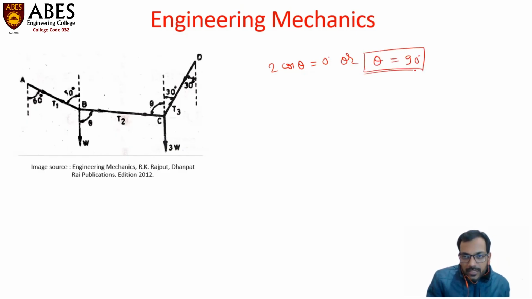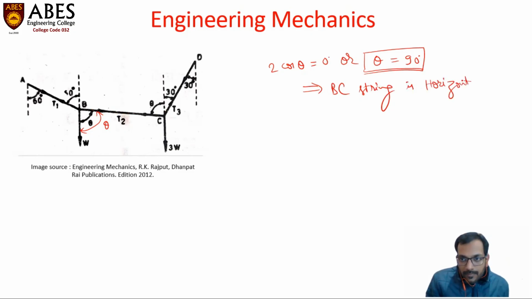So clearly, it is indicating that BC is horizontal, because we have assumed that this angle is theta, and we have proved that theta is 90 degrees. Therefore, BC string is horizontal. So this is the first part.